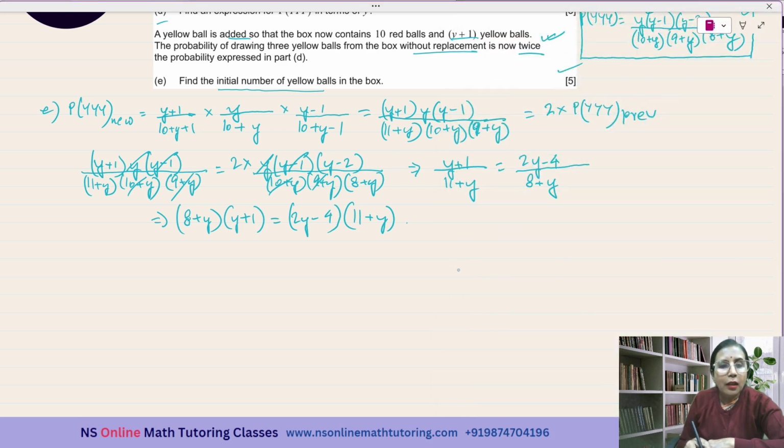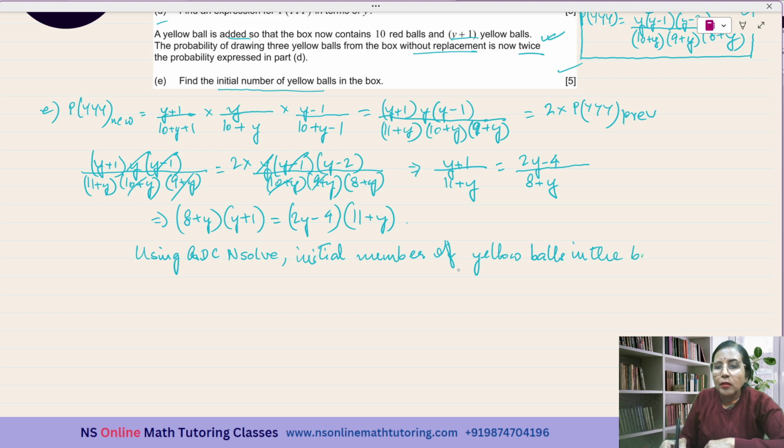Using GDC, nsolve, the initial number of yellow balls in the box is equal to 4.